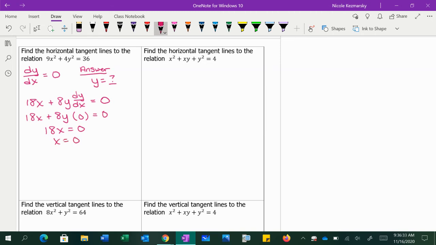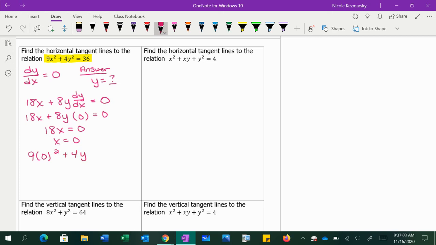But for a horizontal tangent line, our answer needs to be y equals. So we have x equals right now. So in order to get a y value, when I have an x value, I need a relation between x and y. Well, the relationship between x and y is right here at the very beginning. It's what we were given. So I'm going to be able to take my x equals 0 and substitute it into the original equation.